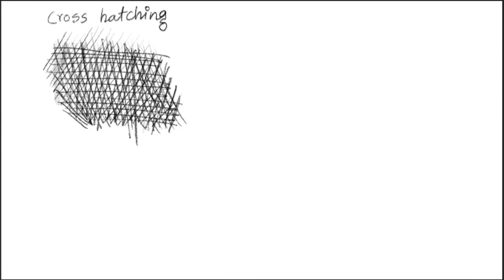Okay, now I would like to take one more example here. We make different types of textures to show different types of surfaces. So if I want to show the surface of wood, for example, how would I draw the texture? I'll be using this.